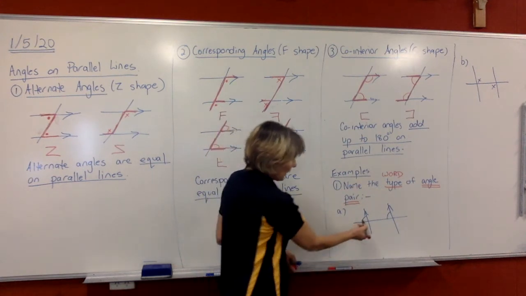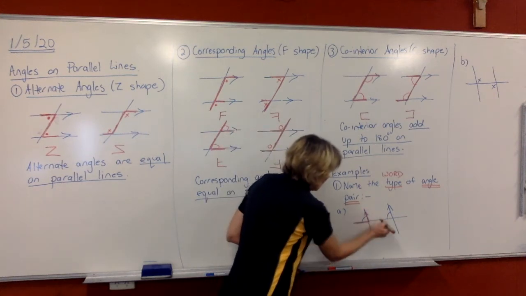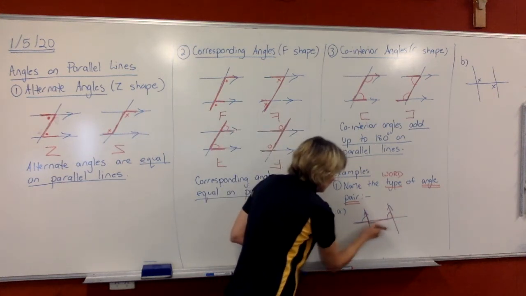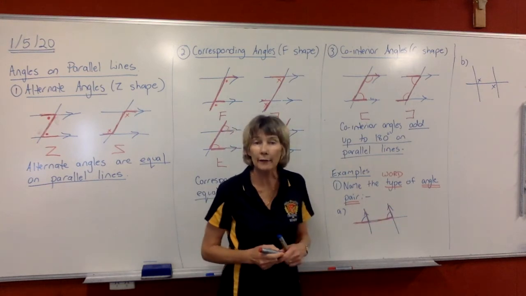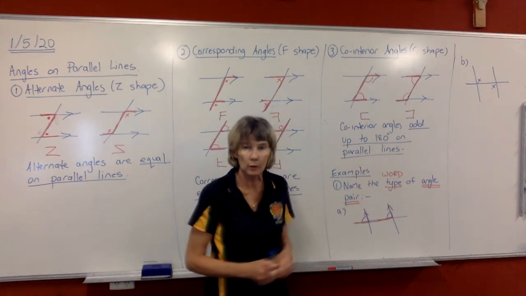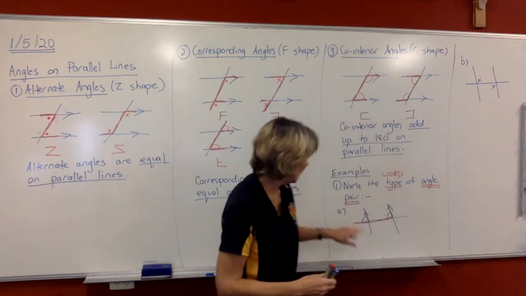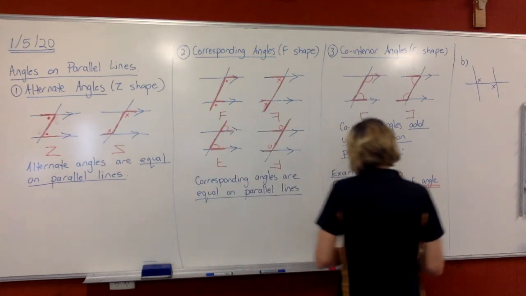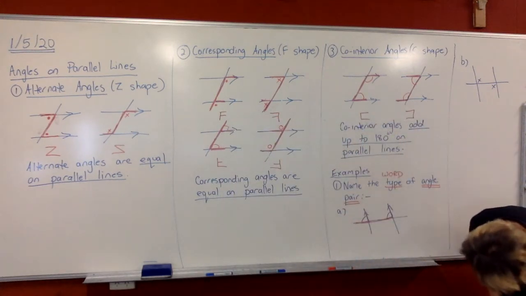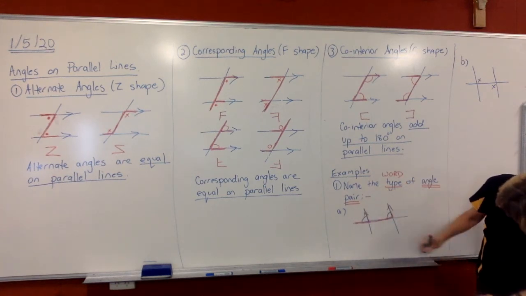So we'll look at the angle pair they've given us. Here's your 2 angles. Go around the angle and around the other angle. Now, when you're looking at it, you have to make sure that the parallel lines are going across the page like they were in all my diagrams. So with this one here, we have to look at this with the parallel lines going across the page, like this. And if we do that, I'm going to draw what I'm looking at.